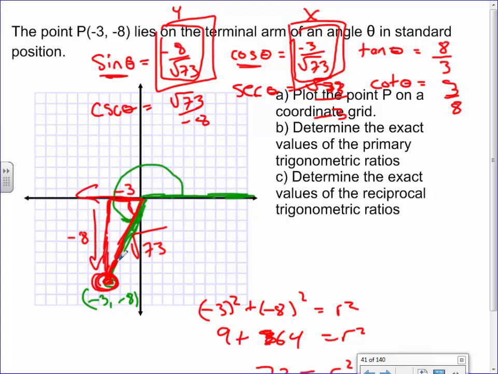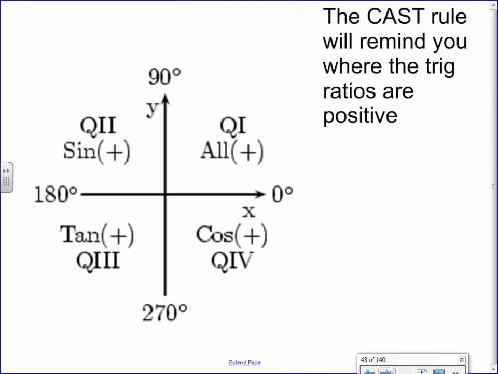Does that make sense? Depending on which quadrant we're in, some values will be positive, but some values will be negative. For example, let's say that we put something in this quadrant right here, and I ask you to find that point. Which values will be positive and negative? Isn't this going to be a positive number, isn't this going to be a positive number, and isn't the hypotenuse going to be a positive number?